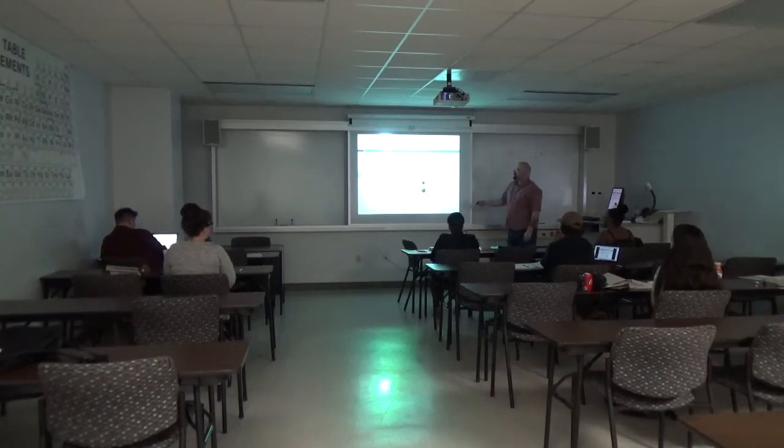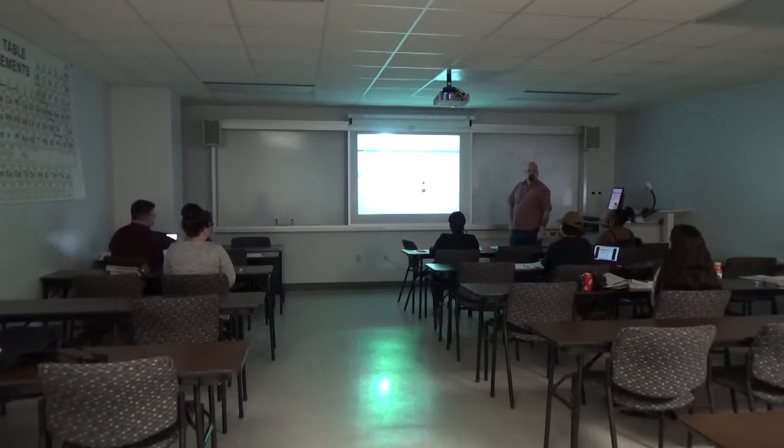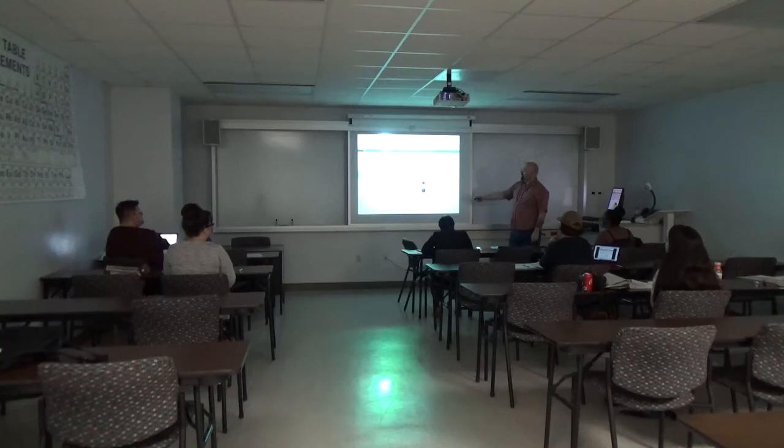If we add a double bond and two single bonds, instead of 109, what's happening? We have 120. And this is planar. Why? Those two pairs have to stay right there, right?